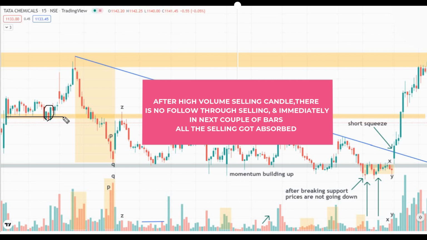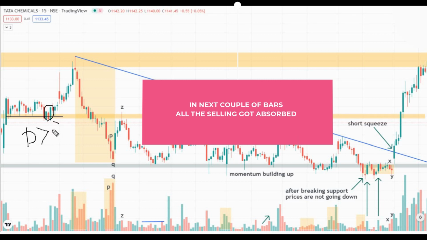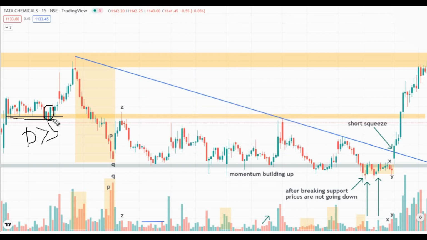So we could say that demand is very strong at this price area. That's why even after good selling with good volumes, there is no follow through towards the downside. So this is a sign that bulls are in control in this market.